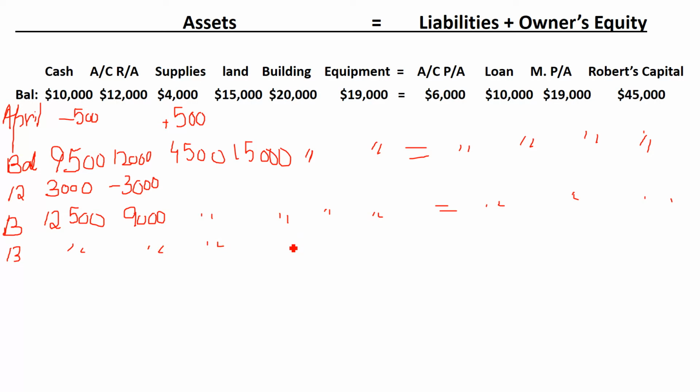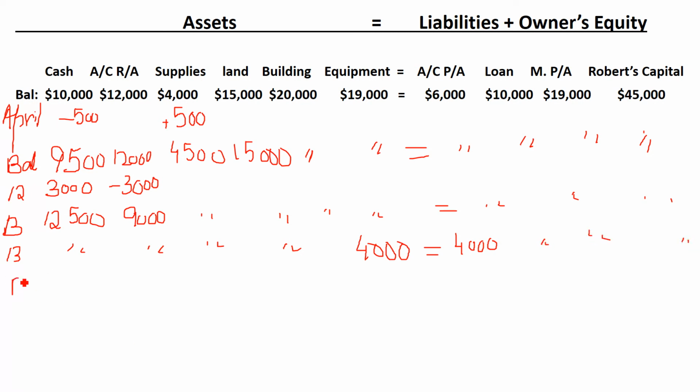Now this is the equipment, 4,000 is the value of the equipment, and then payable. This liability is again increasing. Before he had to pay 6,000, now 4,000 more, so 10,000, and all will remain the same, right?